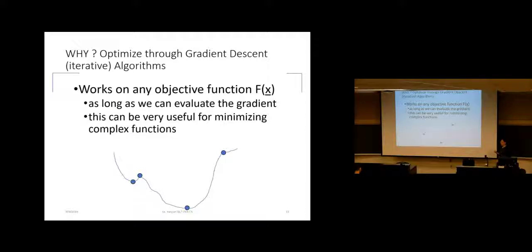Why do you want to use gradient descent? Because it can be used to optimize any type of objective function, as long as you can calculate the gradient at those points.